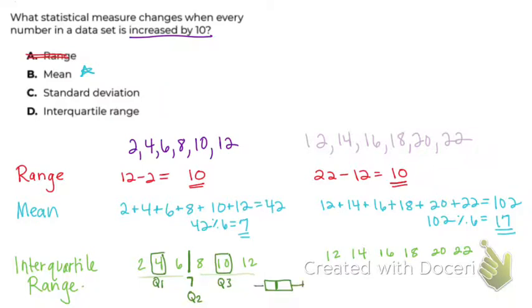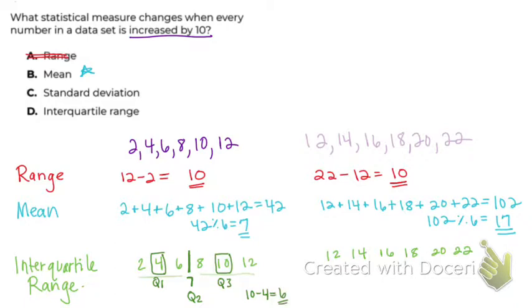So if you were given a box and whisker plot, the box represents the interquartile range. It's saying how many numbers are between quartile 1 and quartile 3 within that 50% of the middle data. So all you do to find the interquartile range is you subtract quartile 3 minus quartile 1. And we see that it is 6.